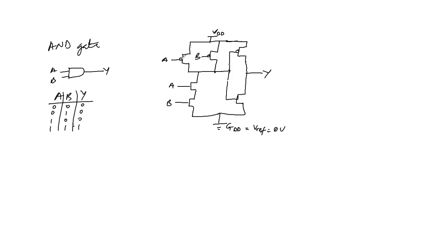So when we have 0 input here and 0 input here, this is a short circuit, right? And then this acts as an open circuit.